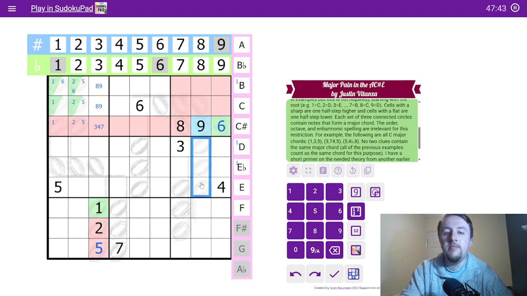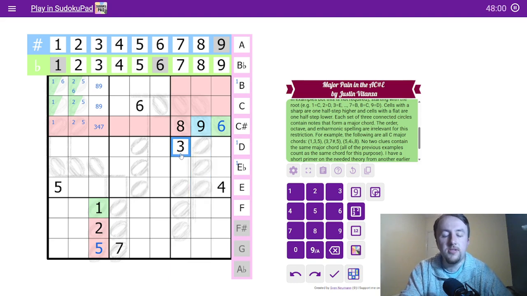But I think it might be more interesting for this chord, because if this doesn't have any modifiers in it, then again it has to be either 135, not possible, 358, not possible, 146, not possible, or 468, not possible.